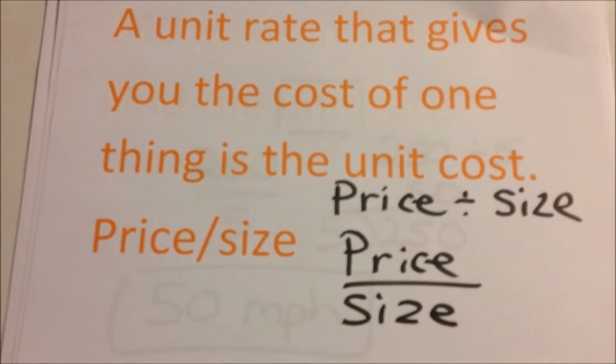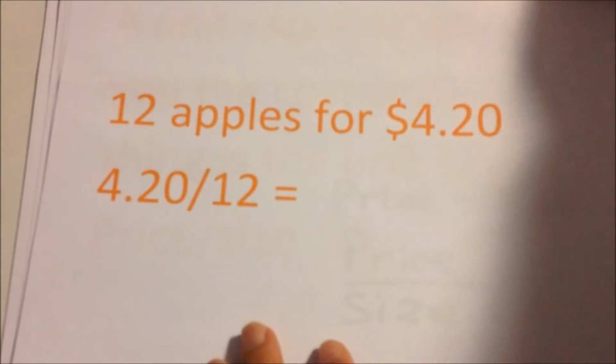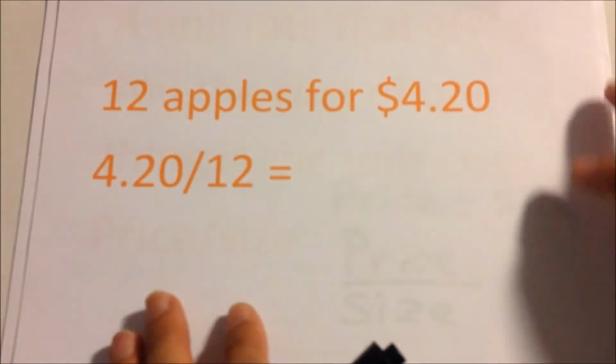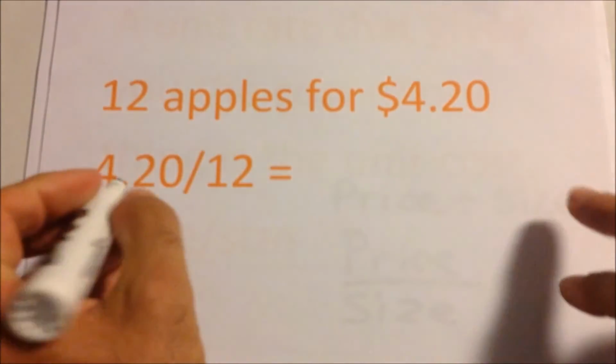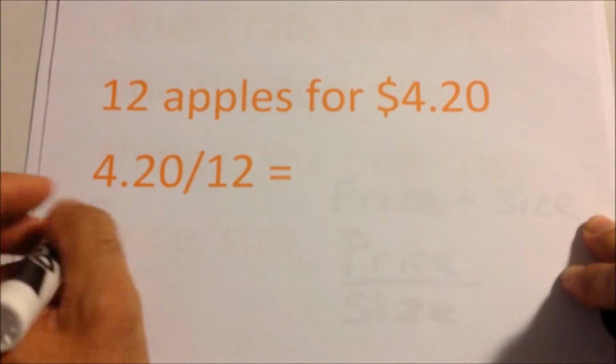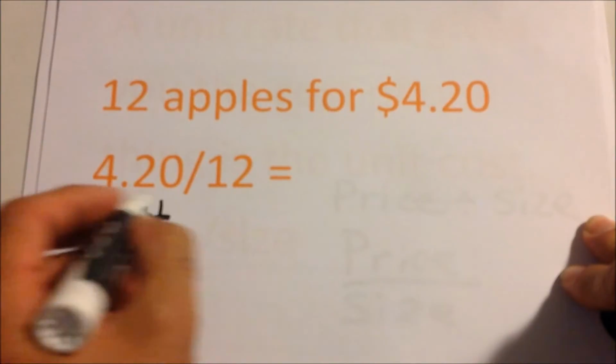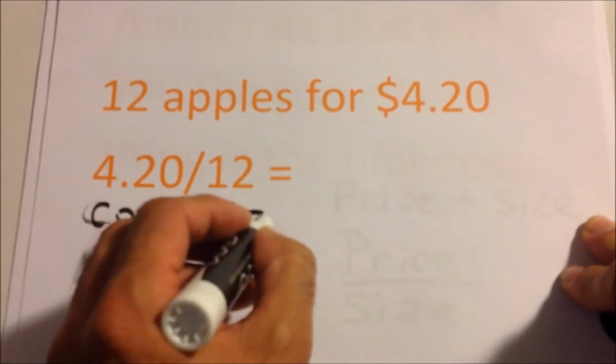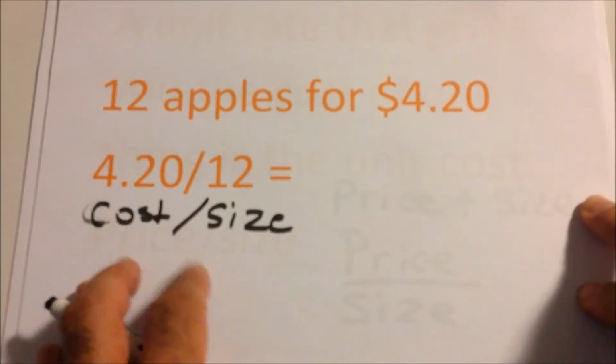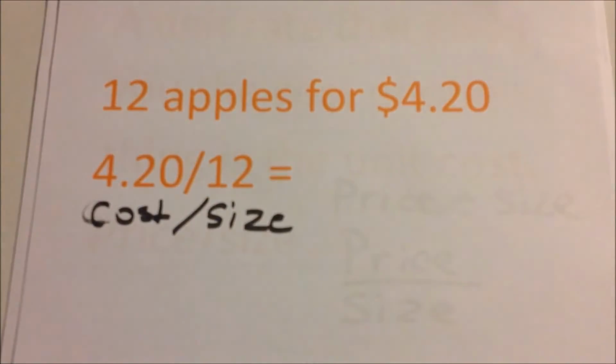So if you go to the supermarket and you see 12 apples for $4.20. Well, we're just simply dividing. We're going to divide the cost by the size or the amount. So simply divide that, and what do you get?